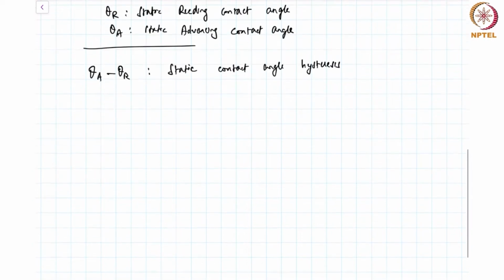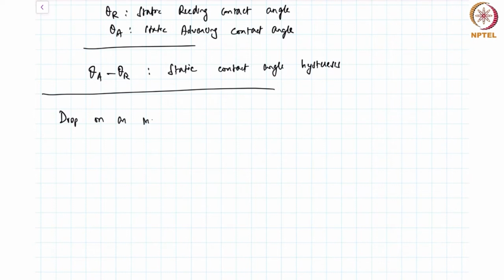But let's look at another problem. This is a problem of a drop on an inclined plane. We can even consider the extreme limit of a vertical pane, let's say, a vertical window pane.